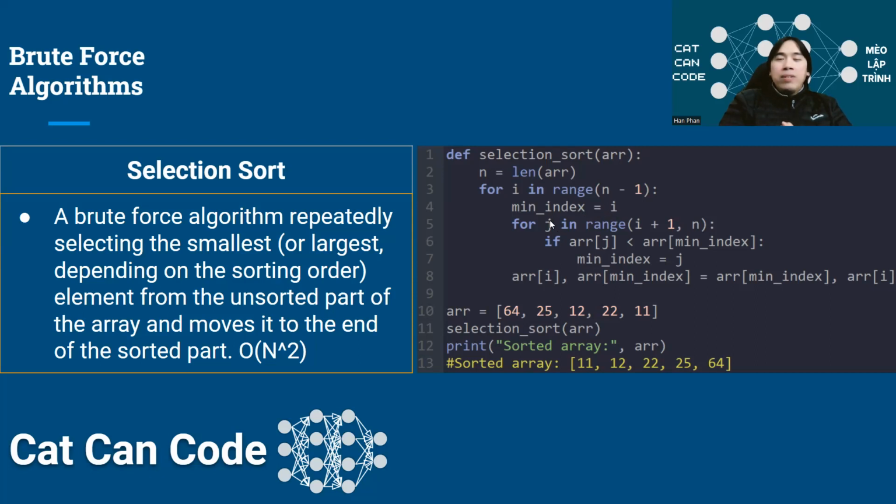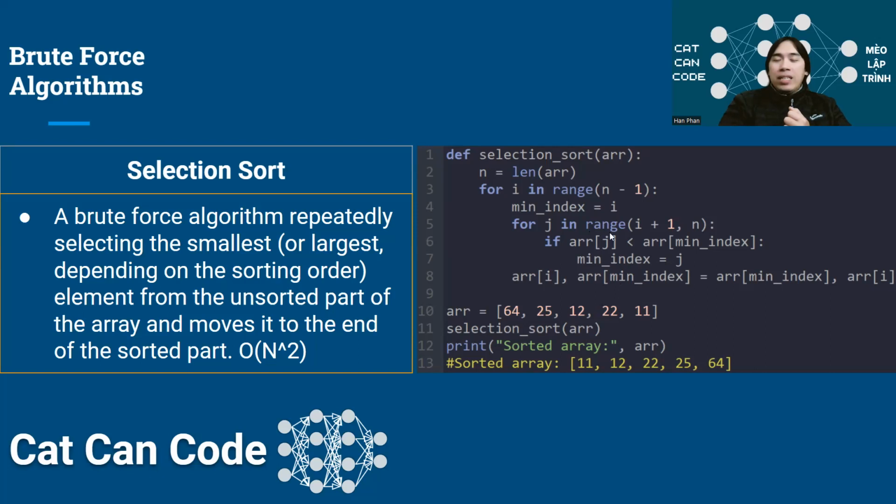Then I start looping from i+1 to n using j as a counter. Over here, I'm comparing my value at j with my value at min index. If the value at j is less than the value at min index, now min index equals j.